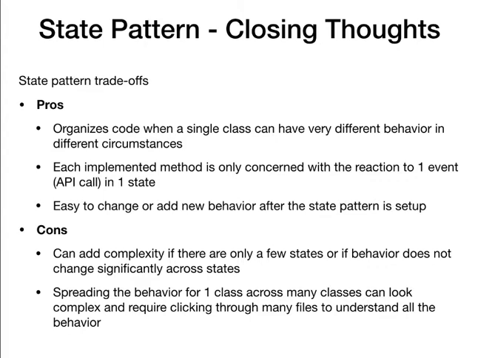So we create these different states that the object can be in, and then the object just defers to those states for its behavior. If we want a lot of different behavior, we implement different states for each behavior, and then work on the state transitions to see when that object transitions between the states.